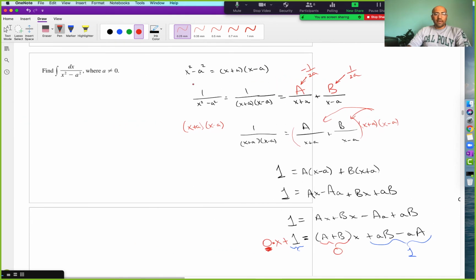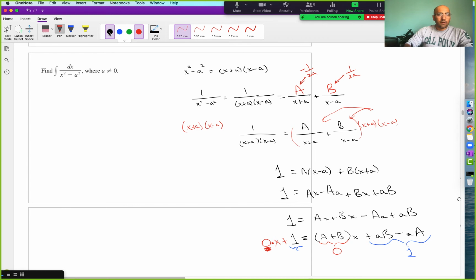All right, let's take that over here and work on our integral. So I'm just going to make some room over here. So I have the integral of 1 over x squared minus a squared. Well, remember, a is a constant. We have a 1 there, dx. And this is where a does not equal 0.